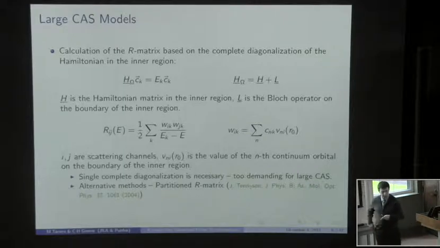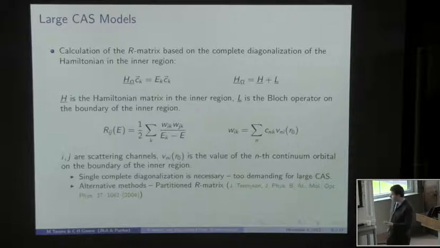Of course, this is very simplified notation, just to show the spirit of the method. The advantage of this method is that you have to diagonalize the Hamiltonian only once, and then the R matrix can be calculated for arbitrary energy. However, this step is rather demanding, and since you have to perform complete diagonalization, this method can run out of steam rather quickly.